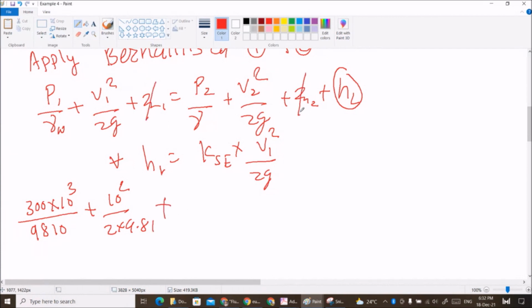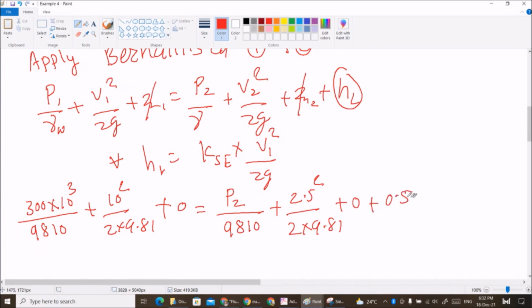And Z1 and Z2, for the horizontal pipe, get cancelled. Equal to P2, which I don't know, by 9810 plus velocity 2.5 square divided by 2 into 9.81 plus Z2 plus 0.5 K_SE and V is 10 square divided by 2 into 9.81.